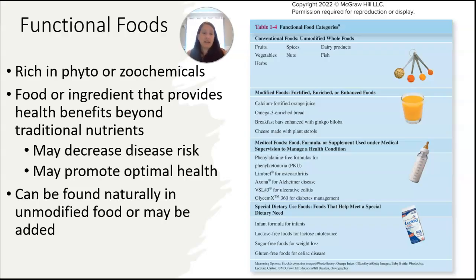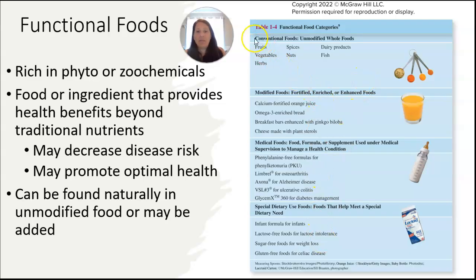They can be found naturally, so foods may naturally have phyto or zoochemicals, which makes them a functional food, or foods may be modified, or these types of things may be added, and so they become modified foods that are functional foods. And so over here in this table are just some examples that you can read through.